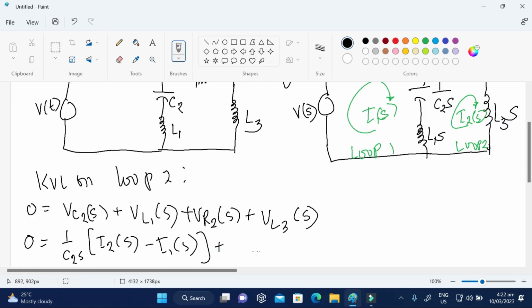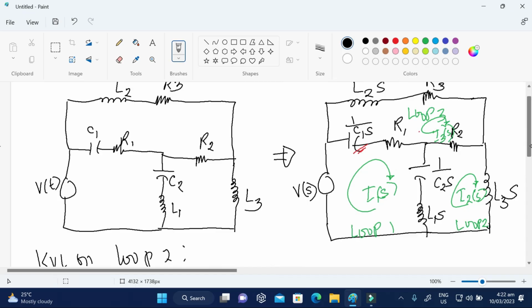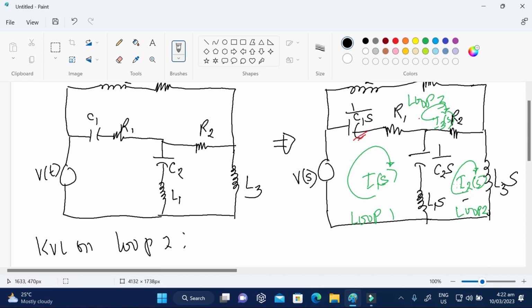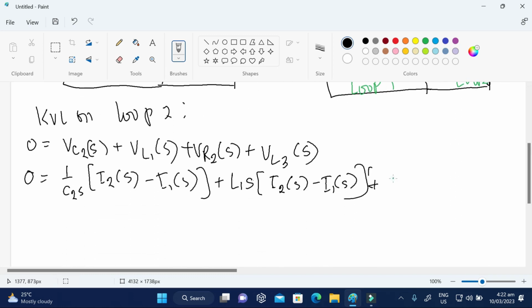Plus L1S, which is common between loop 1 and loop 2, multiplied by I2S minus I1S. Plus R2, which is common between loop 2 and loop 3, so the current is I2 and I3.